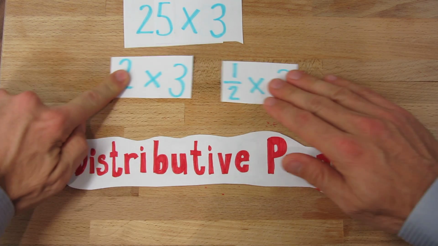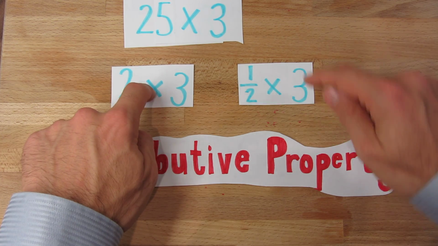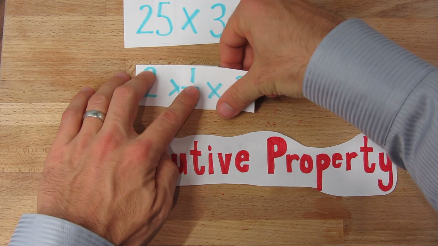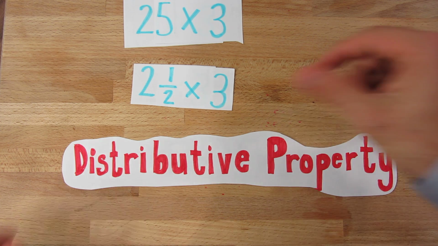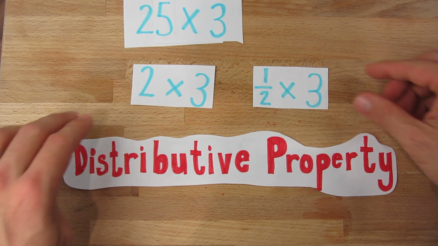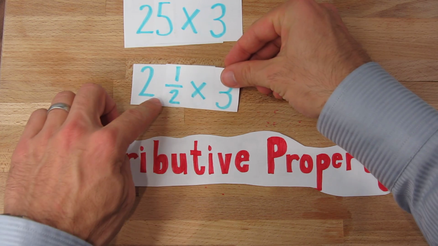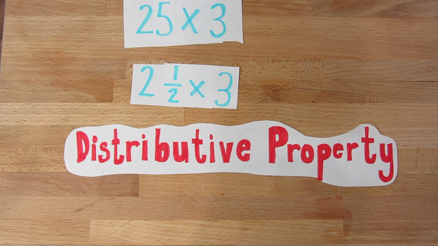We could do 2 times 3, a half times 3, add that answer to that answer, and you get your answer to 2.5 times 3. So you can see, here's another strategy for helping you do some mental multiplications. Split the numbers, calculate them separately, and then add the answers back together again. And that's completely allowed, and that's all to do with something called the distributive property of multiplication.